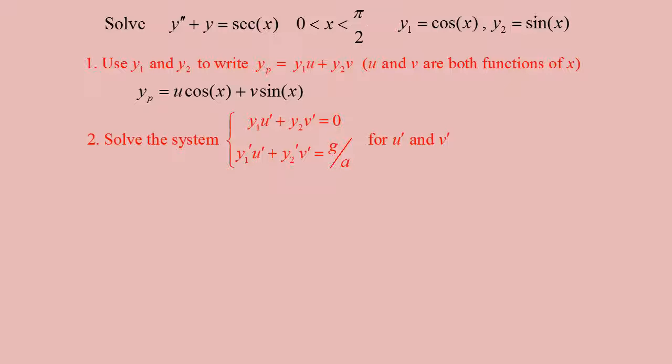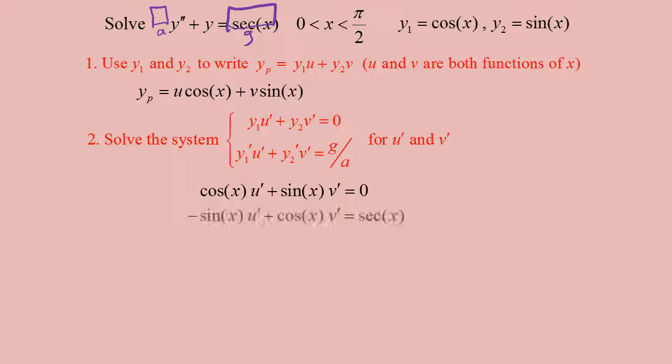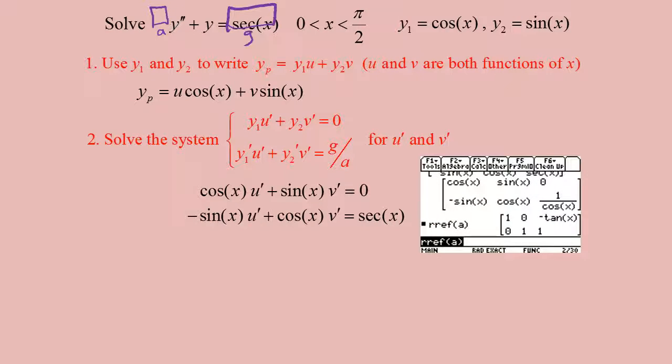Now, again, for this particular problem, I'll point out this is g and this is a. And so here's the system that we have. We, again, will solve that utilizing our TI-89.